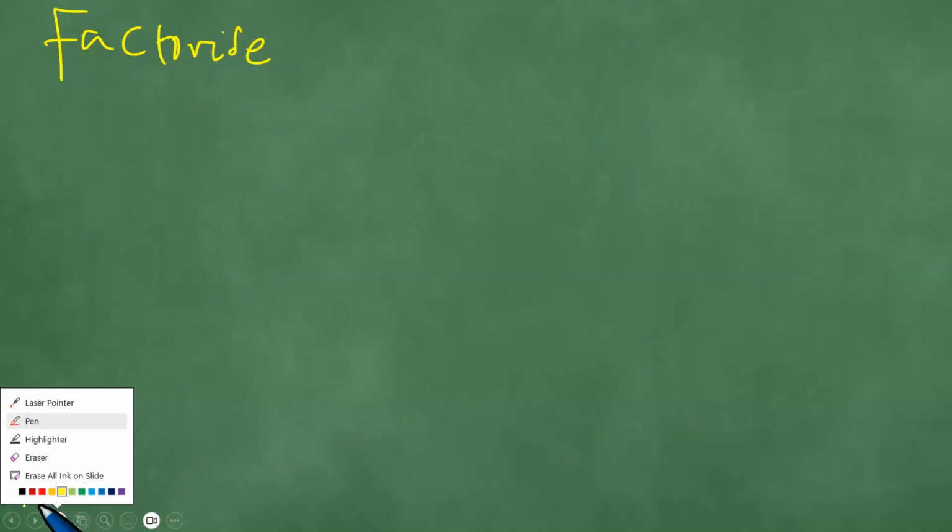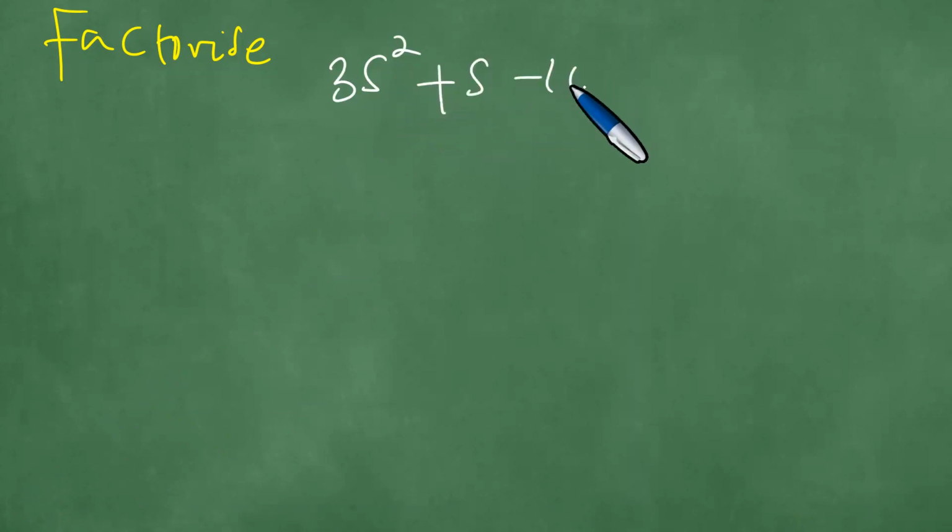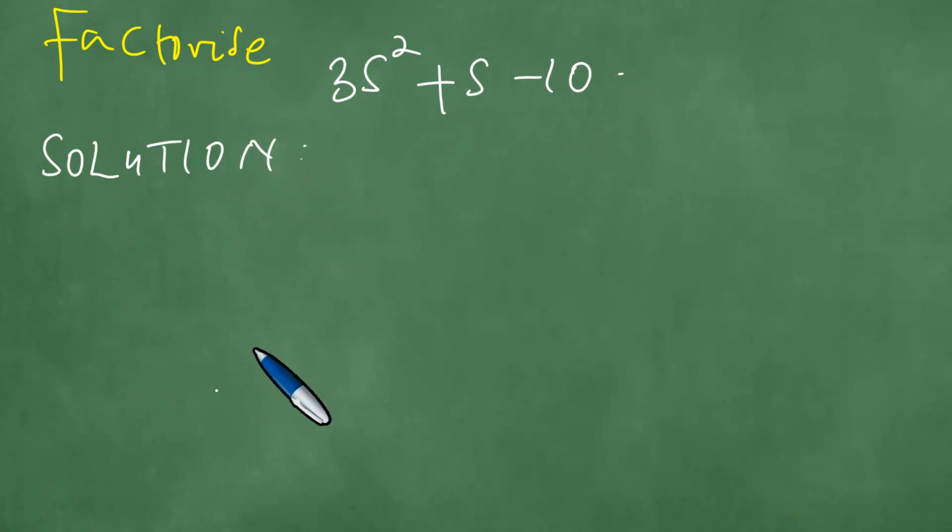Factorize. Right, you need to factorize this one: 3s squared plus s minus 10. Solution. What do we do here, Luyanda? What do you do first?